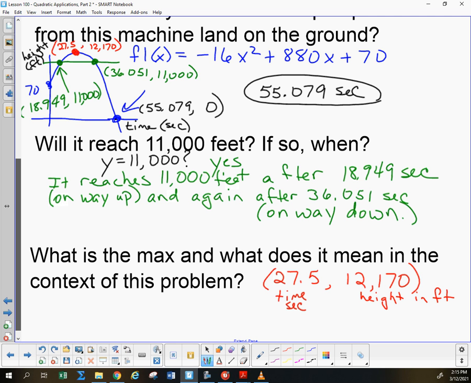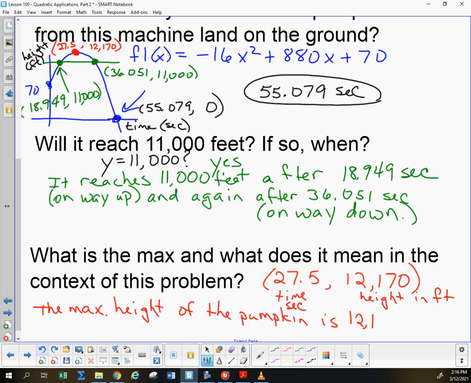So the sentence that we need to write is the maximum height, I'm going to abbreviate max, of the pumpkin is 12,170 feet. Boy, that thing goes high.